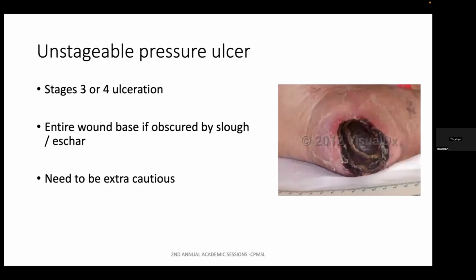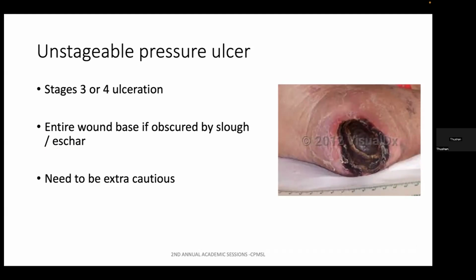Right? Now, sometimes, remember, you can't stage this clearly. And we call it an unstageable pressure ulcer because there's something over this wound that doesn't allow you to see what's happening underneath. Now, this, for example, you can see different stages of this ulcer around this erythema. So around that black margin of tissue, there's a stage 1 pressure ulcer developing, the erythematous non-blanching skin.